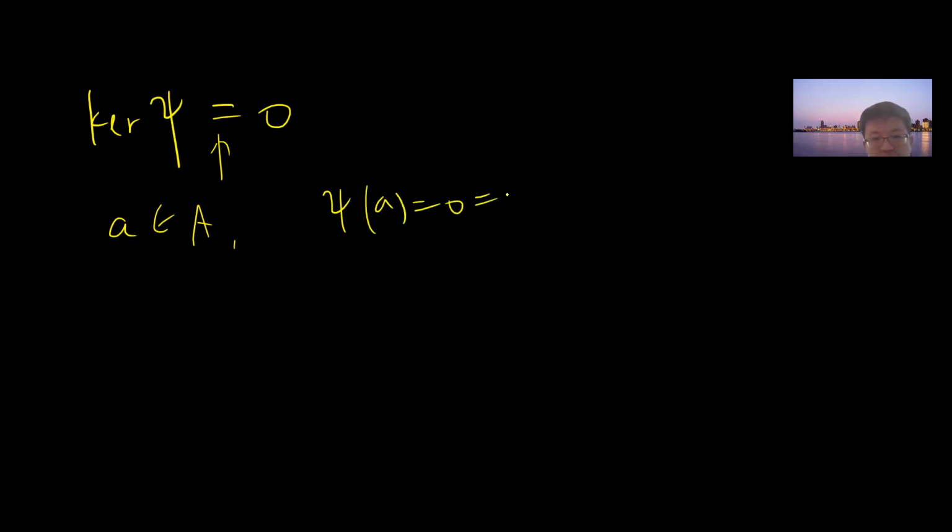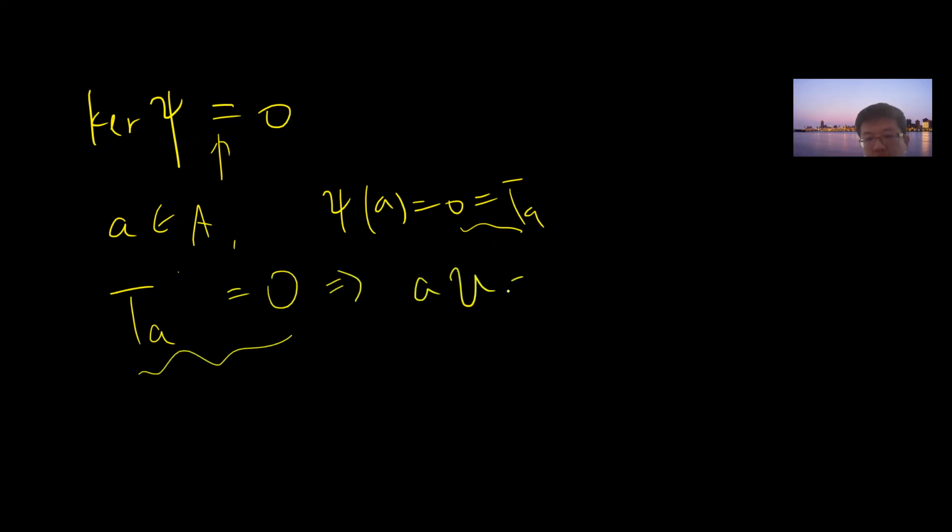But psi(a) is just T_a, so T_a equals 0 means that av is 0 for every v.